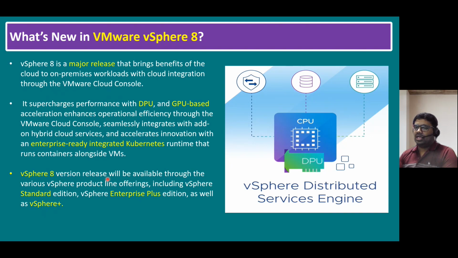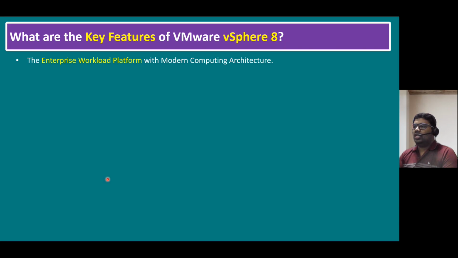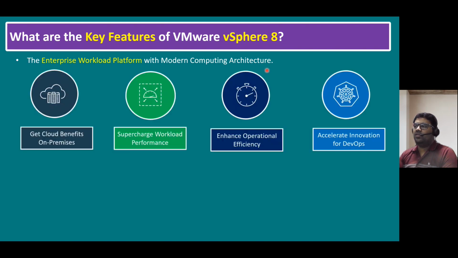And let's understand the key features of VMware vSphere 8. As we know, VMware vSphere 8 is the enterprise workload platform with modern computing architecture. Within this architecture, VMware came up with four key features.